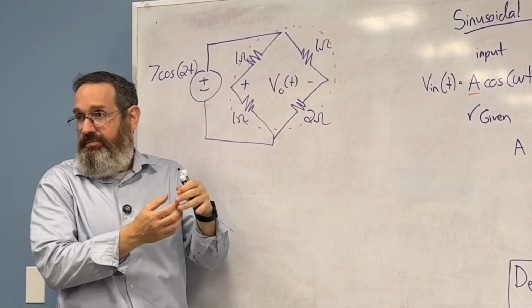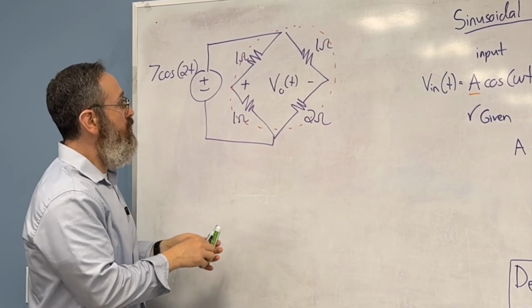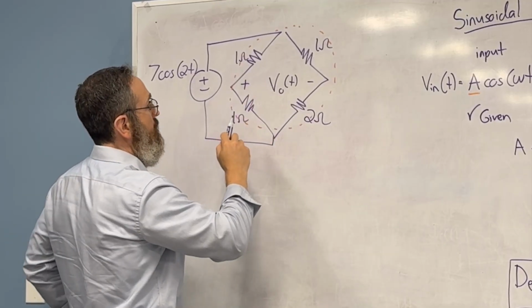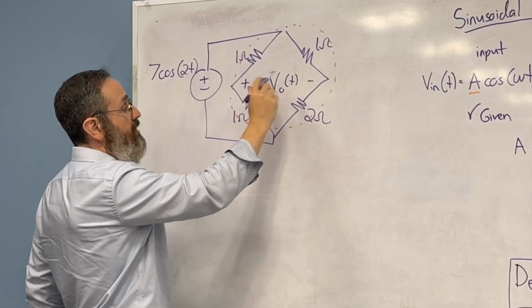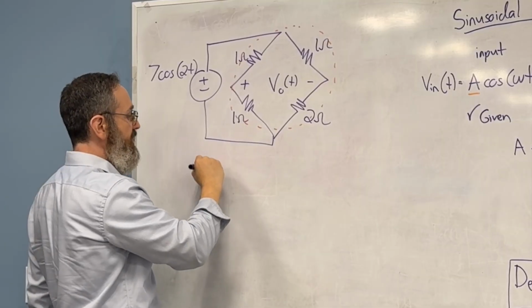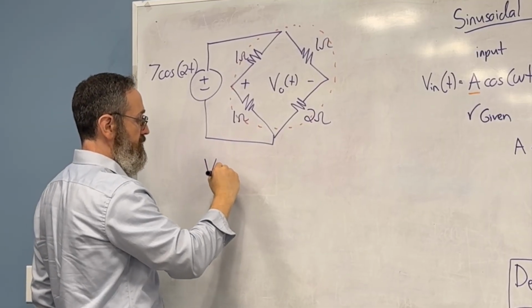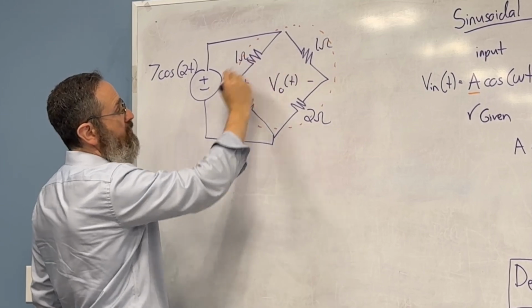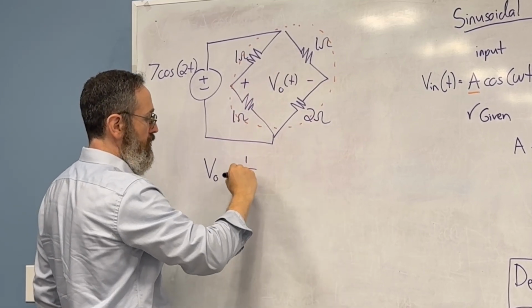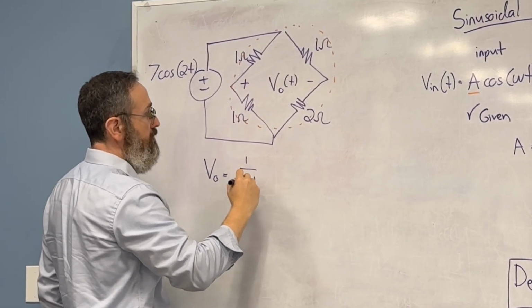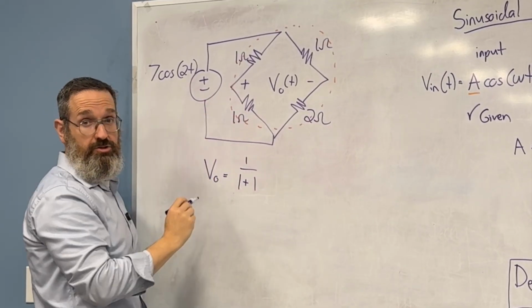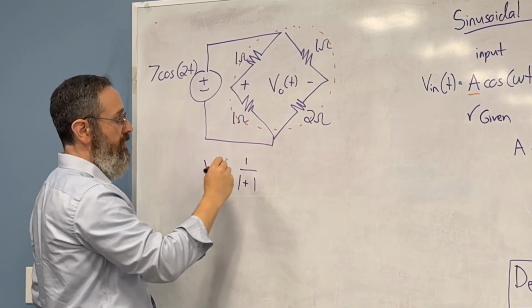It's the same thing. And we know that V out is going to equal one voltage divider, so it's 1 over 1 plus 1. That's this voltage.